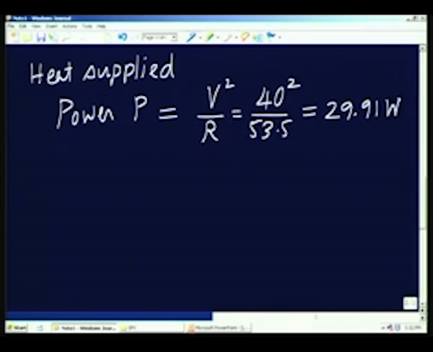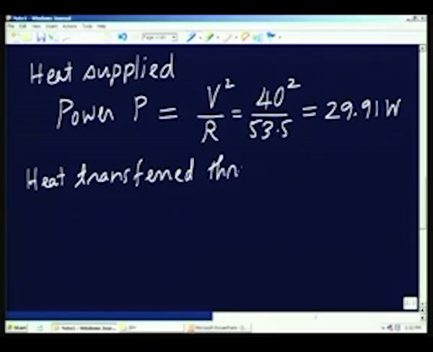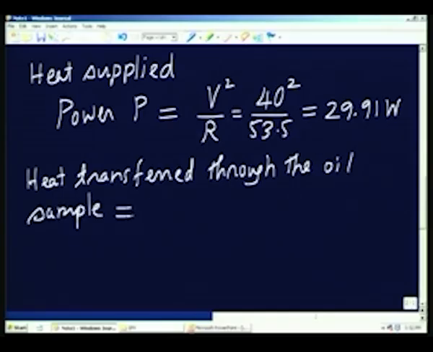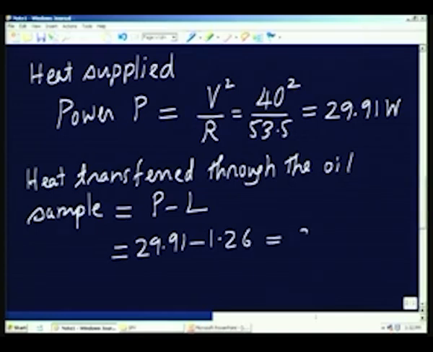This gives you 29.91 watts. So, we can say that the heat transferred through the oil sample will be the difference between P and L. This will be 29.91 minus 1.26, that gives you 28.65 watts.